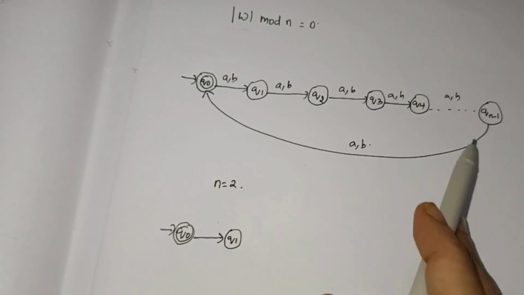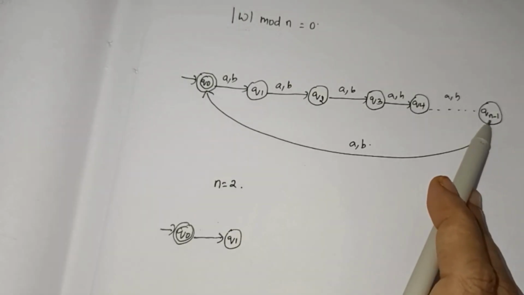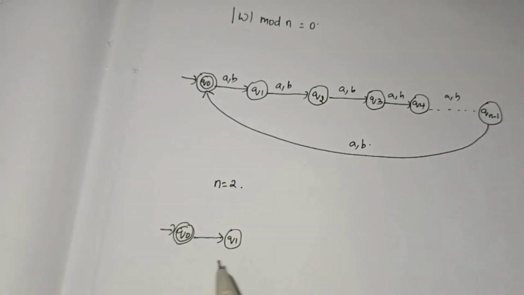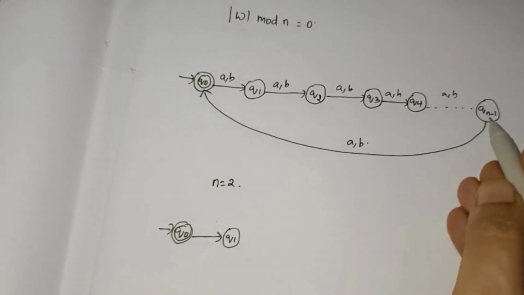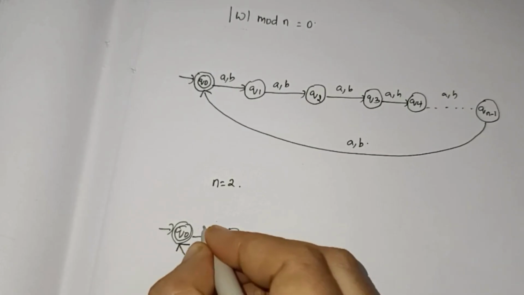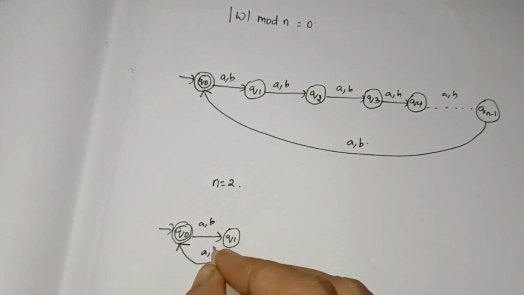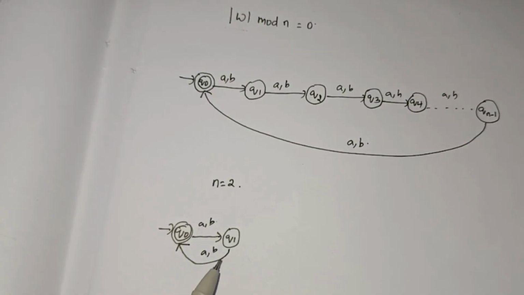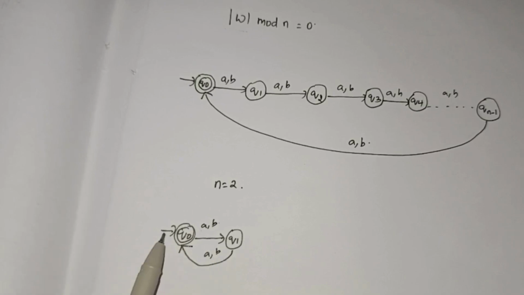So till where should I stop? Q n minus 1 means 2 minus 1, which is 1. I should stop here only, and from there make a transition. A comma B, A comma B. So this is a DFA for strings divisible by 2. So 0, 1, 2, 3, 4, 5, 6. See, all multiples of 2 are reaching the final state.